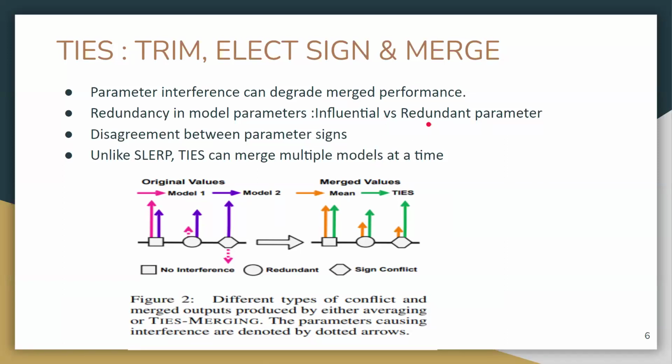Let's say we have two models, and in one model the parameter is highly influential, so maybe it has a larger magnitude, and the other model has a really low magnitude. When we merge the two, we cancel the influence of the parameter in model one. So that's a problem.